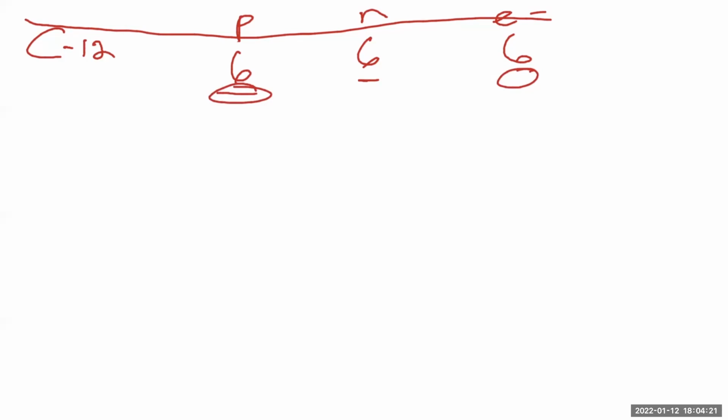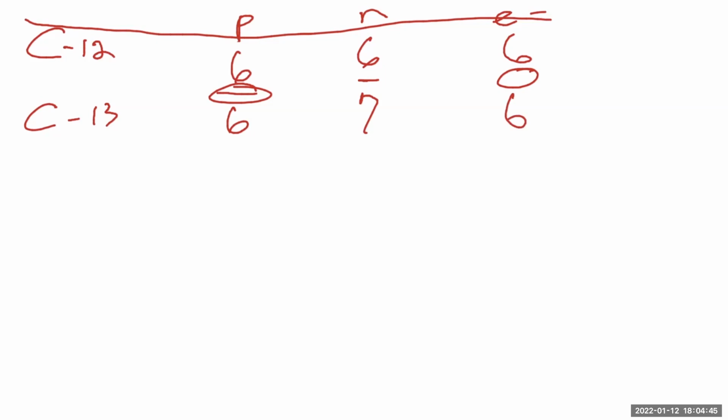So say we had carbon 13. Carbon always has 6 protons. That's what determines your element. How many neutrons would it have? Carbon 13 would have 7 neutrons, because each one is worth 1, right? So we have 7 neutrons, and protons would be 6. Okay.